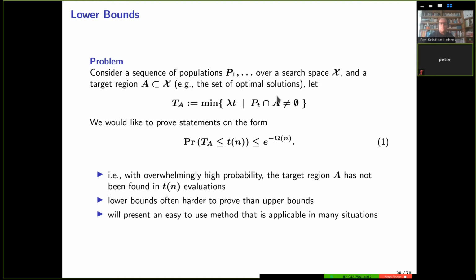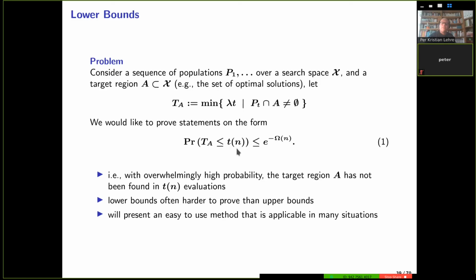Now, what I'm interested in proving is that this is going to take a lot of time. So I'm interested in proving bounds of the following form. Here I'm not talking about expectation, but analyzing the probability that this time will be less than some expression Tn. I want to find for what Tn it is exponentially unlikely that Tn time suffices.